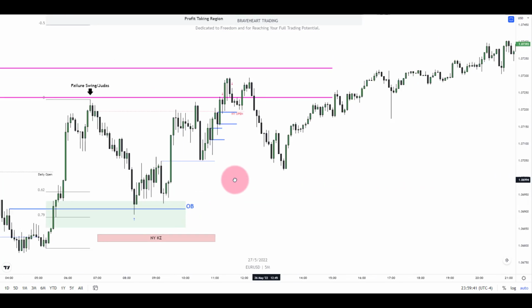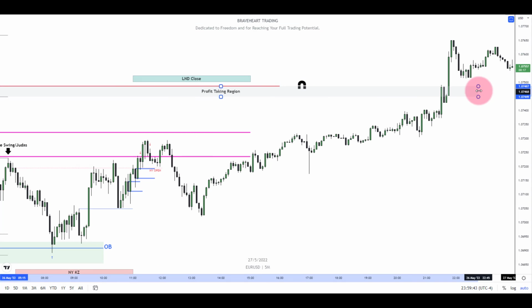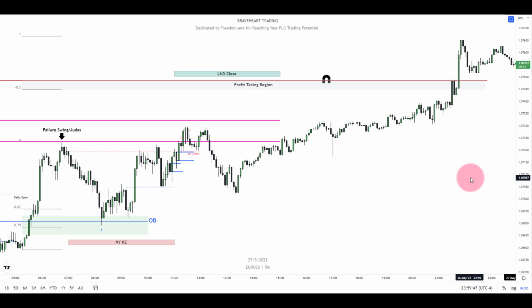In hindsight, it did go to my profit target, and am I mad about that? No. I understand that these markets are never going anywhere. They're always going to be moving as long as the banks stay greedy, and they are greedy. So there's always going to be opportunities for me to trade.